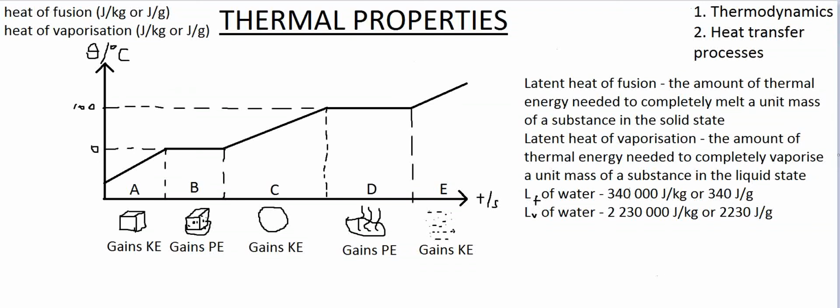For 1 kg, you need this much thermal energy. And for 1 gram of water to completely vaporize, you need 2230 joules of thermal energy, and for 1 kg it is this big number.